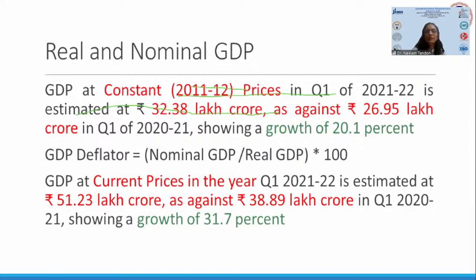Do you see the difference here? The growth of GDP for real GDP is 20.1%, but growth for nominal GDP is 31.7%. So this difference of 11.6%. What is the reason for this 11.6%? It is because of inflation going up. What is inflation? The price level in the economy is increasing.